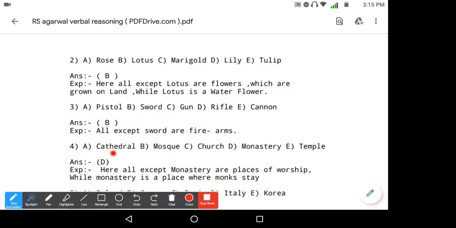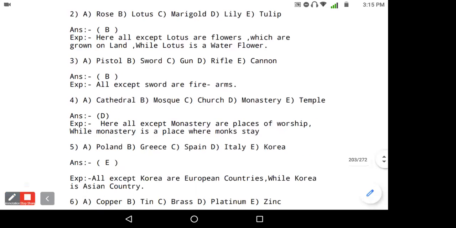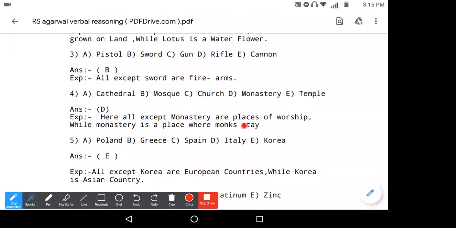Next, cathedral, mosque, church, monastery, and temple. Now, cathedral is a type of church, a place where they worship. Mosque is again a place of worship. Church is also a place of worship. Cathedral and church are almost similar.